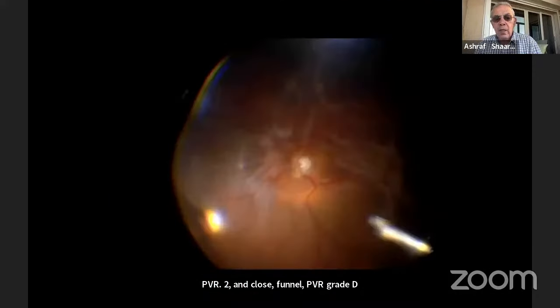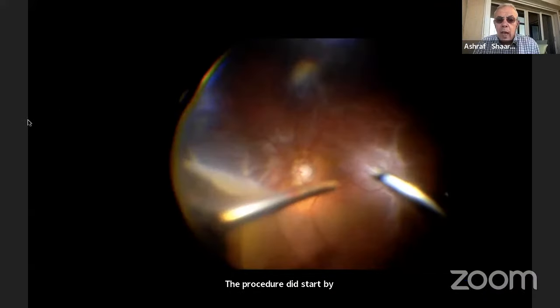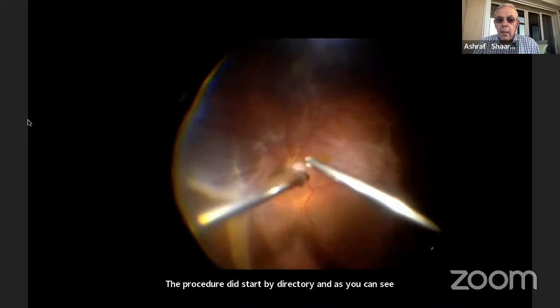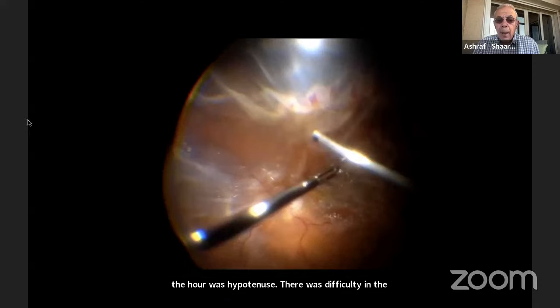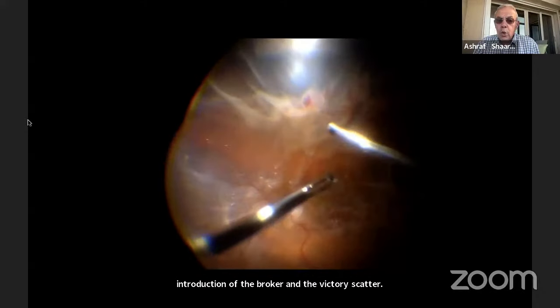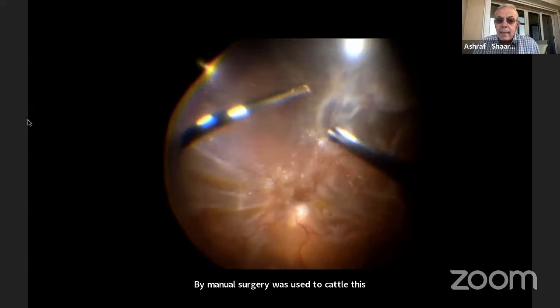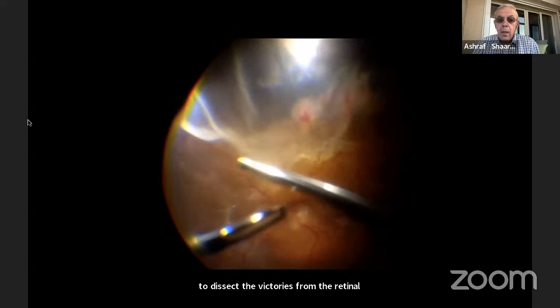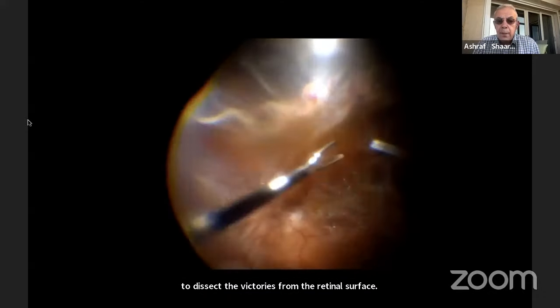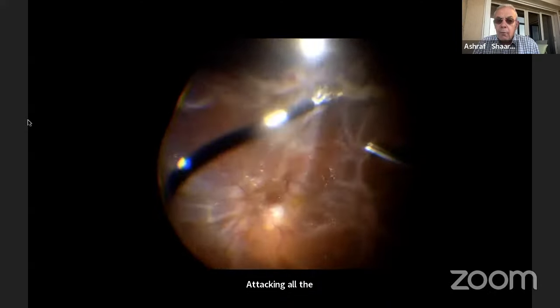The procedure started with vitrectomy, and as you can see, the eye was hypotonous. There was difficulty in the introduction of the trocar and the vitreous cutter. Bimanual surgery was used to tackle this case, trying to dissect the vitreous from the retinal surface, attacking all the epiretinal membranes and all the vitreous on the surface of the retina.